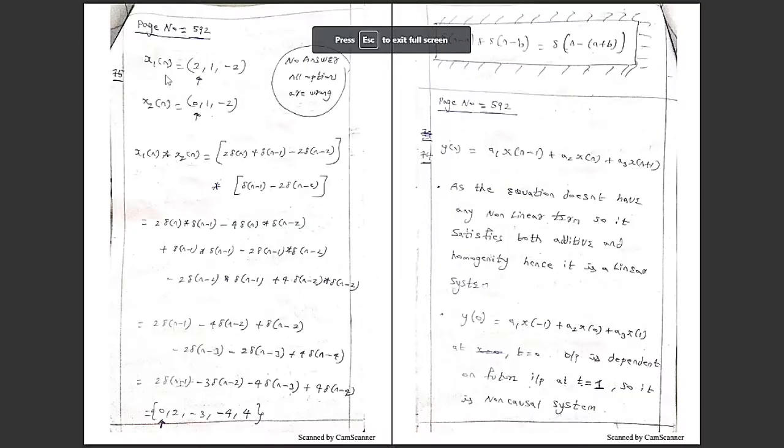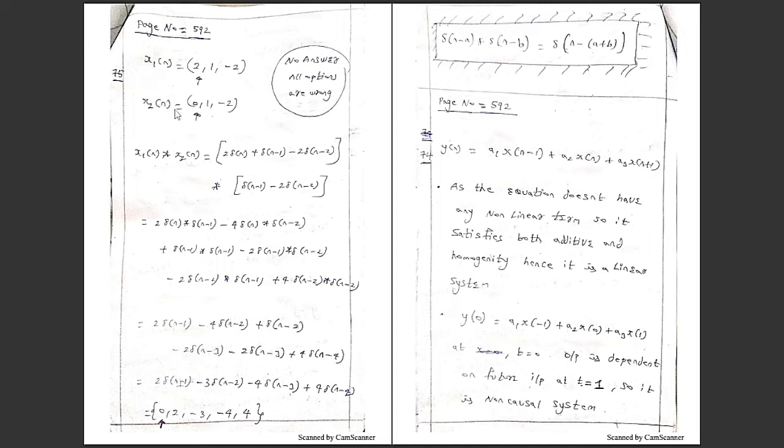So I already told you x1 of n. At n equal to 0 its value is 2, at n equal to 1 its value is 1, and at n equal to 2 its value is minus 2. So we can write it in this format: 2, 1 and minus 2. This arrow indicates that at n equal to 0 its value is 2, and the rest are to the right side.